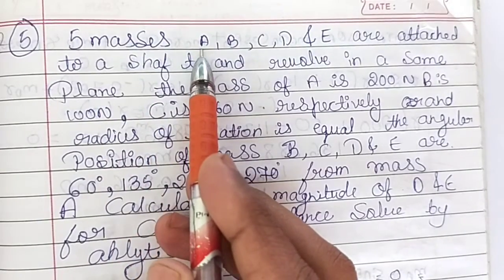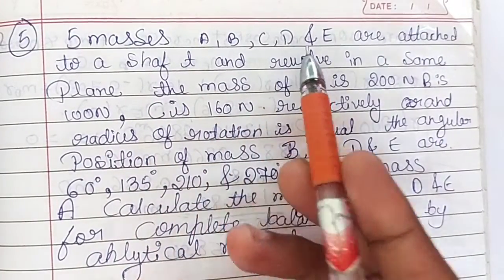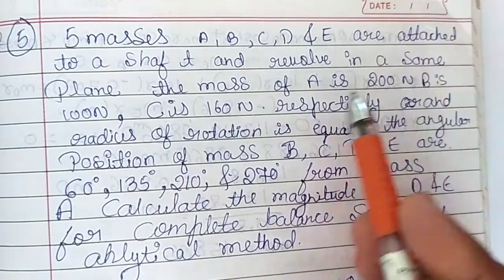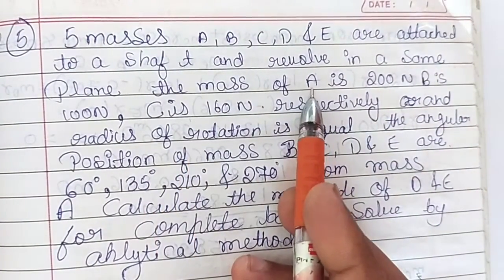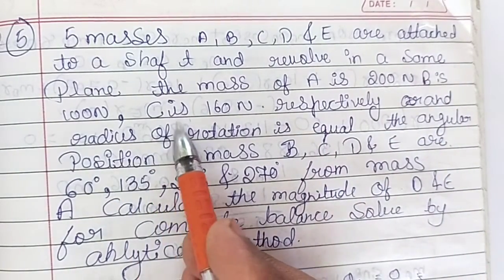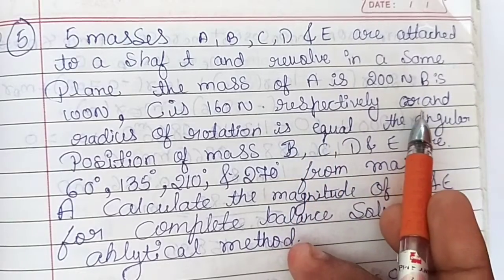It is given that 5 masses, A, B, C, D, E, are attached to a shaft and revolve in the same plane. The weight of A is 200 Newton, B is 100 Newton, and C is 160 Newton respectively.